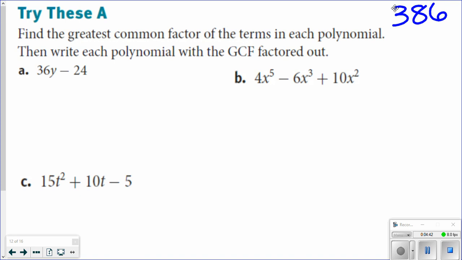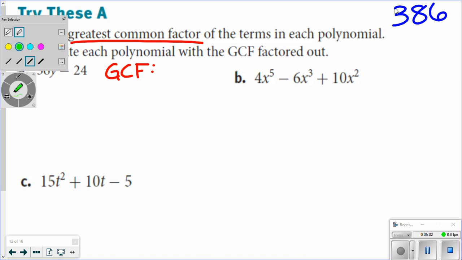So page 386, we're going to start with try these A. It says find the greatest common factor of the terms. So that's what we're going to do first. Find our GCF.